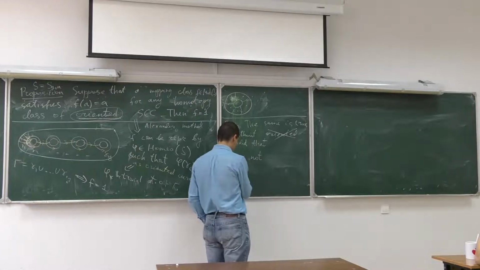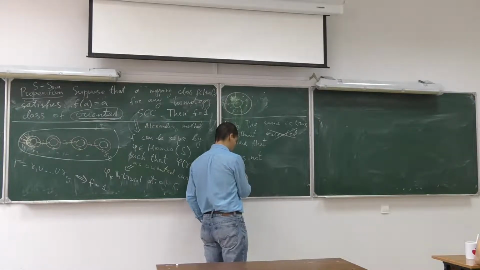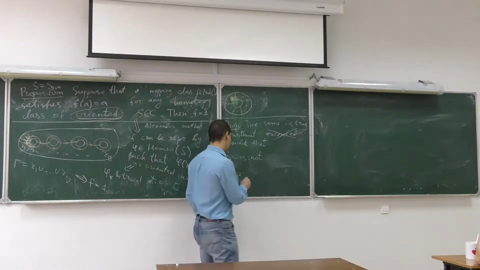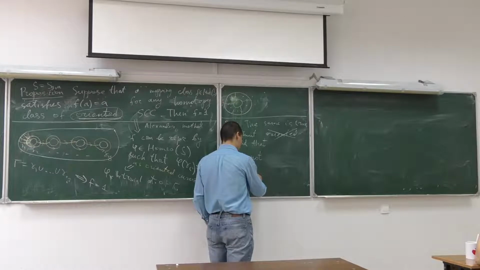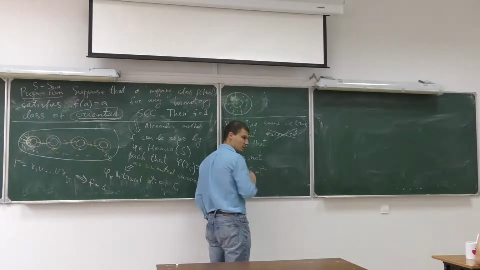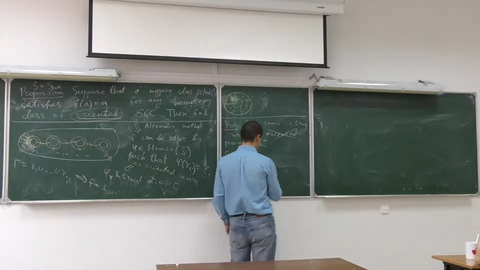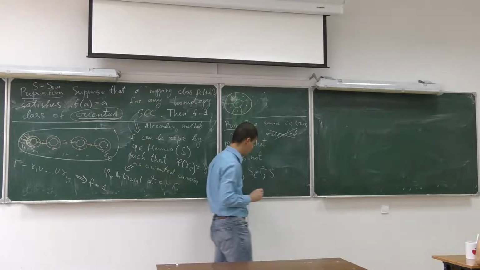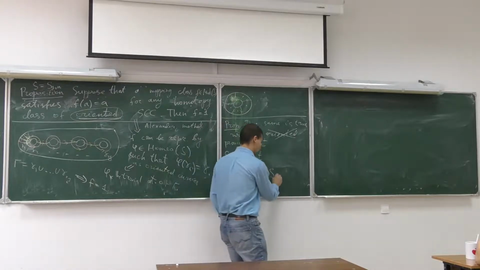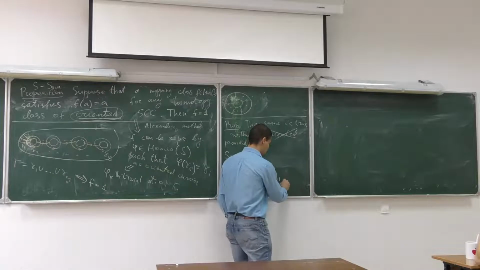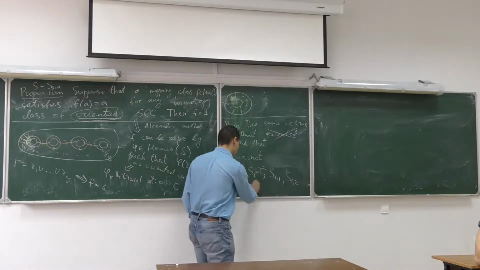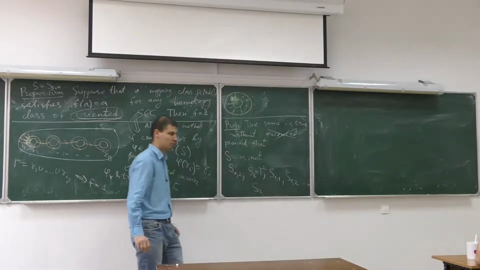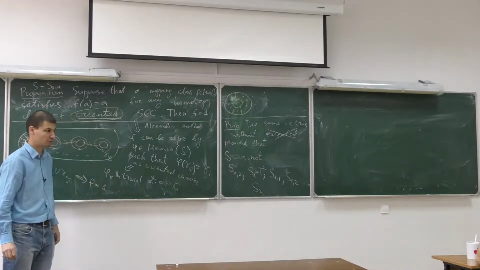Exceptions are sphere with two punctures, torus, well, S1 which is torus, yes, sphere with torus with one puncture, torus with two punctures, and also closed surface of genus 2.